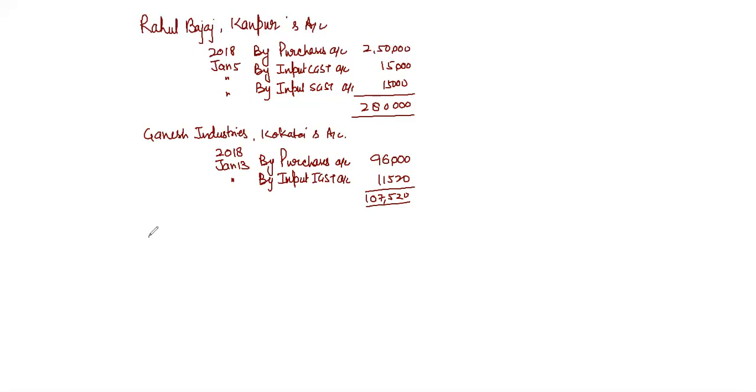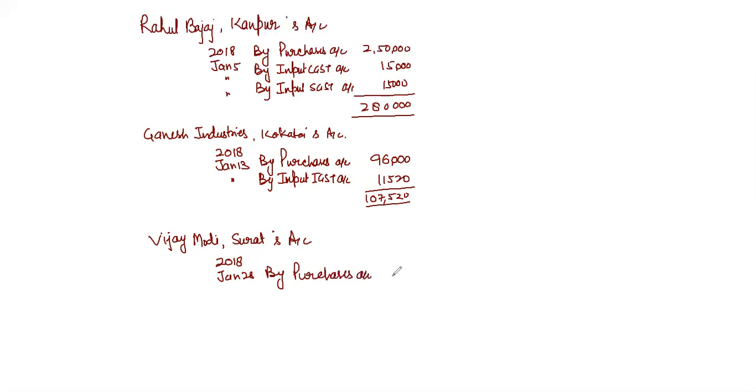So now I am preparing account of Vijay Modi, Surat. And once again, on 2018 January 28, very simple treatment will come in credit side by purchases account.